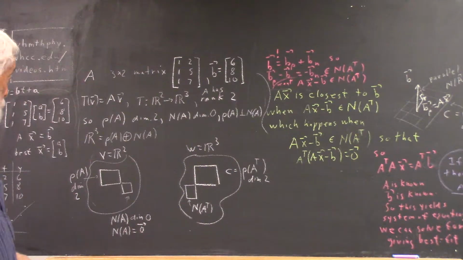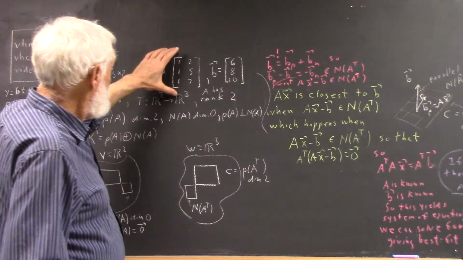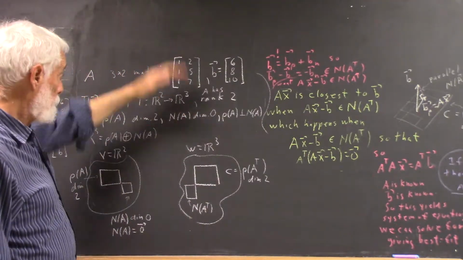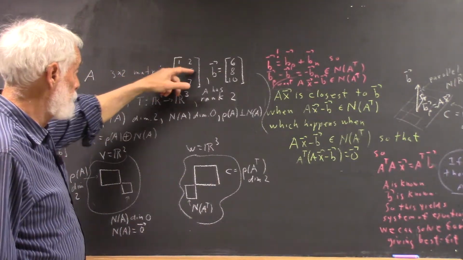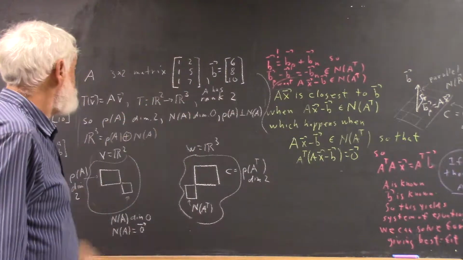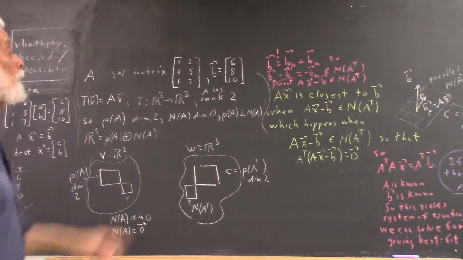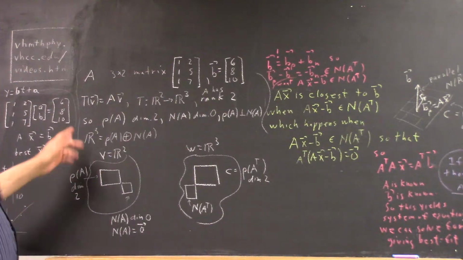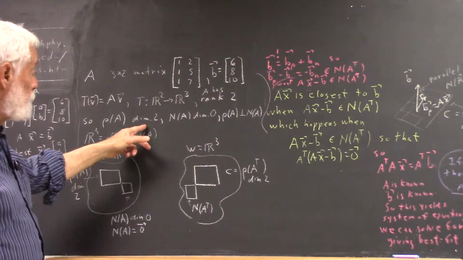Okay? Now, matrix A can easily be shown to have rank 2. If you row reduce this, you're going to get a 1, 0, 0, 1, and a 0, 0. So the rank is 2, rank meaning the dimension of the row space. So, the row space of A has dimension 2.